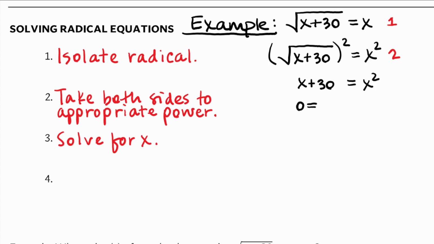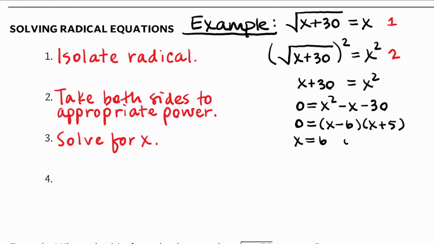So 0 is going to equal x squared minus x minus 30. Okay, and this is something we're going to be able to factor. We're going to say two numbers that multiply to negative 30 while adding to negative 1 would be negative 6 and positive 5. Okay, so I've got those factors, and that product would equal 0 if x was equal to 6 or if x was equal to negative 5.